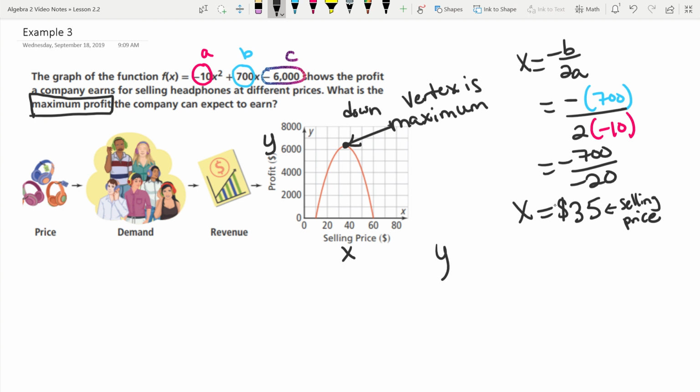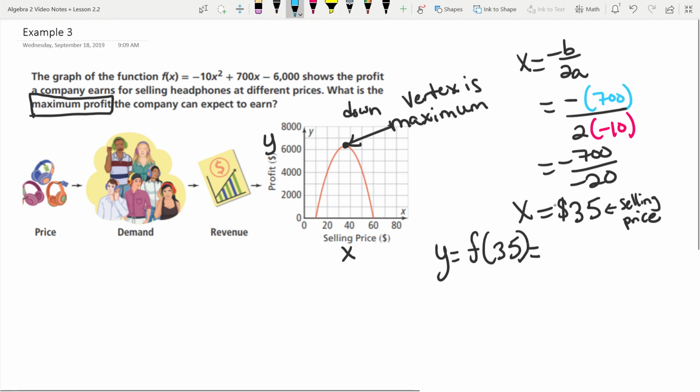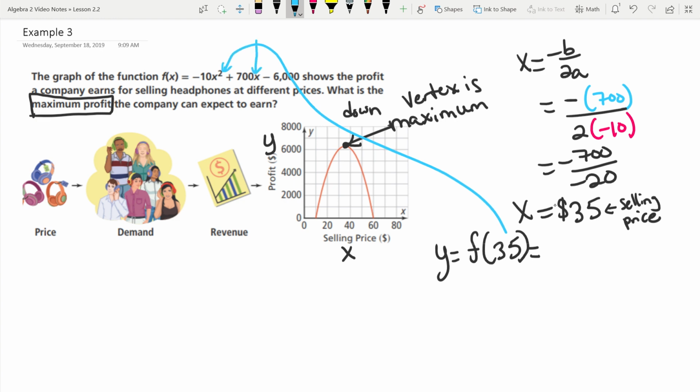So we need to find the y coordinate. To find the y coordinate, remember you're going to plug in 35 into your f. So you're plugging in 35 into your x's basically here and here. So we got negative 10 times 35 squared plus 700 times 35 minus 6,000.